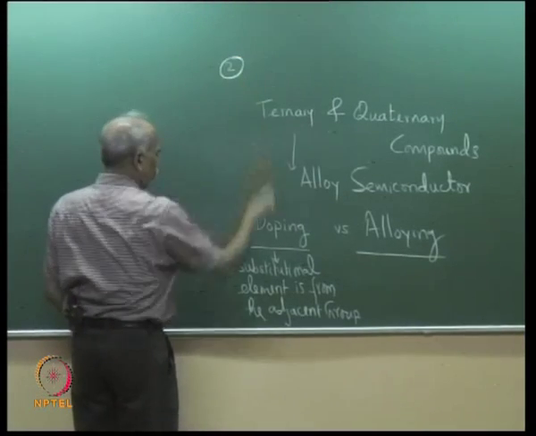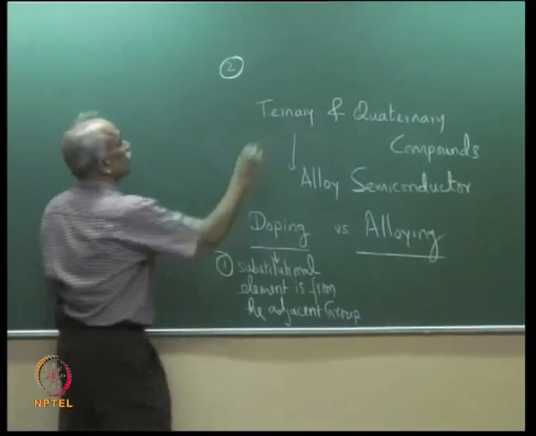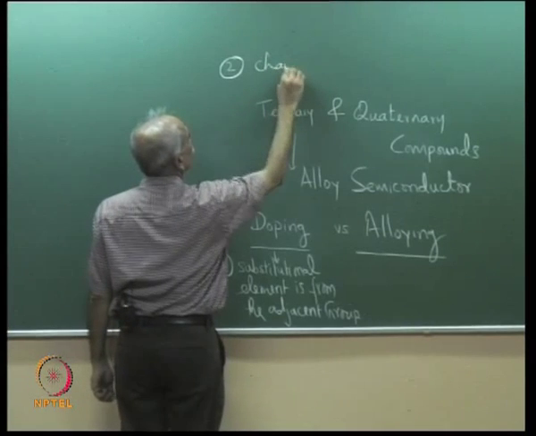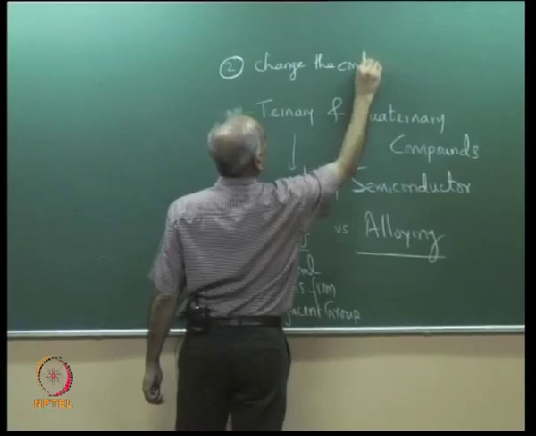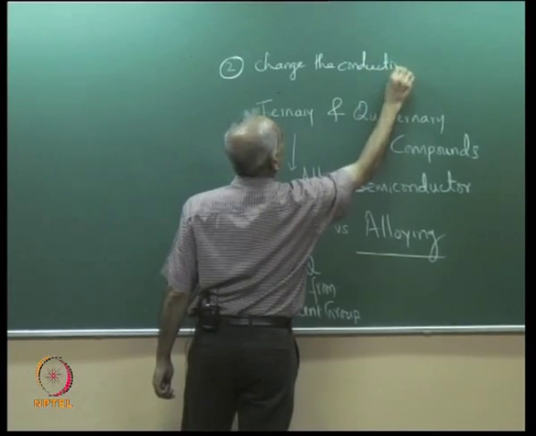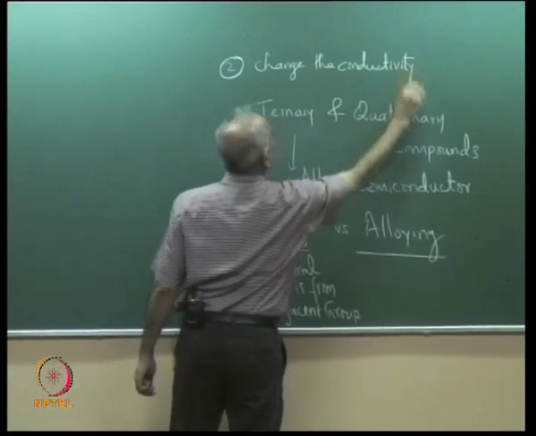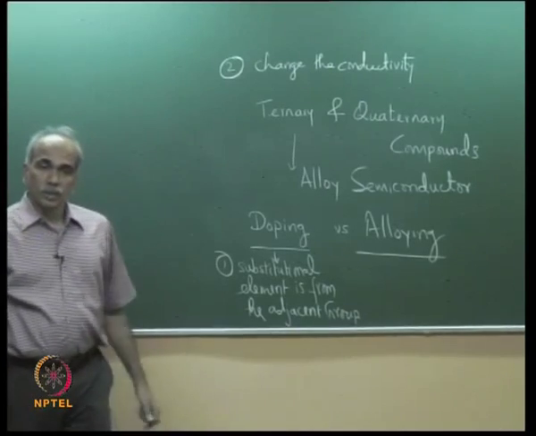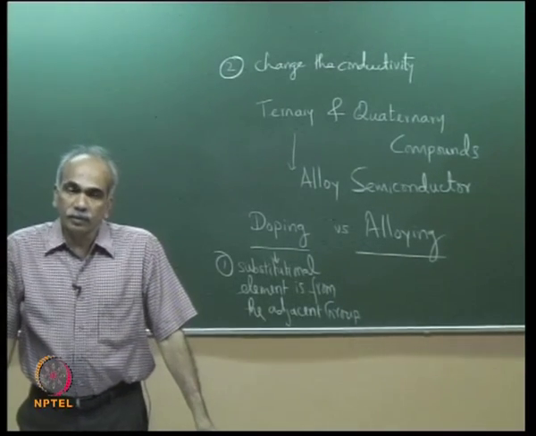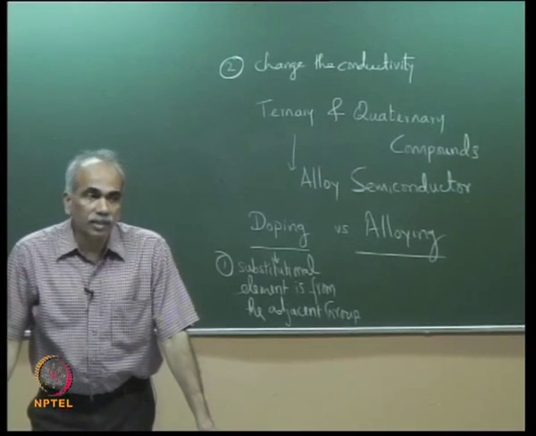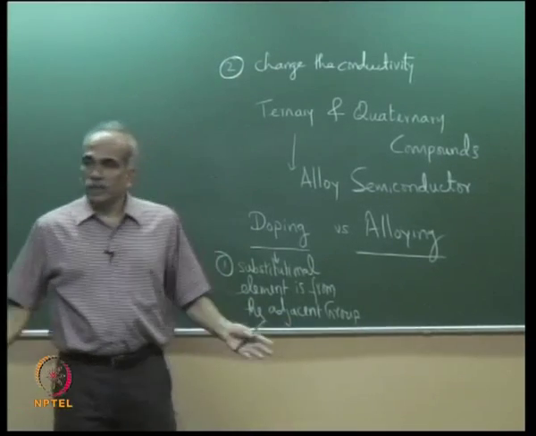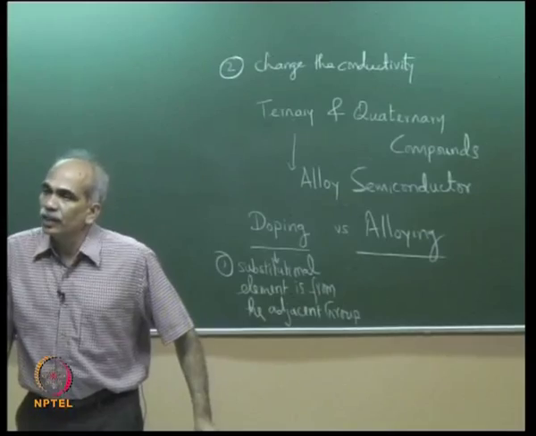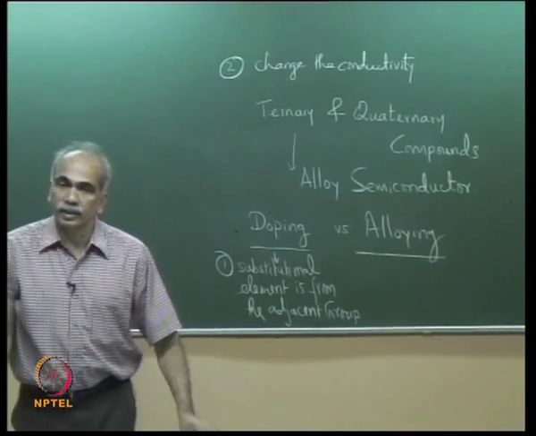Second point, why do you dope? To change the conductivity. You make it more conductive. The conductivity is increased by doping. Either you can dope p or n; in either case, the carrier concentration increases and conductivity increases.